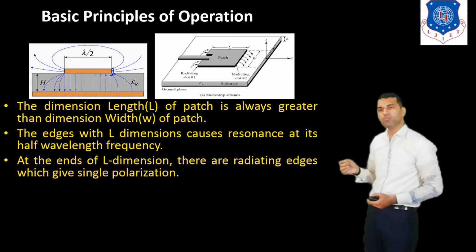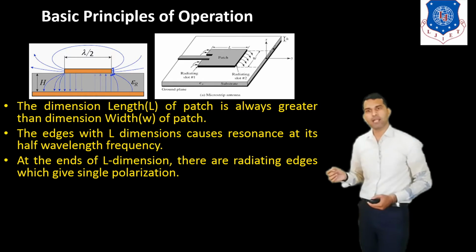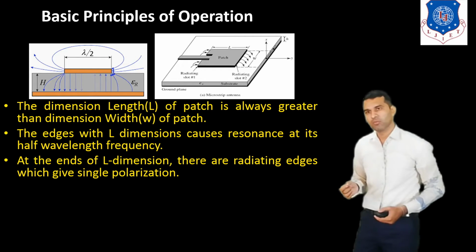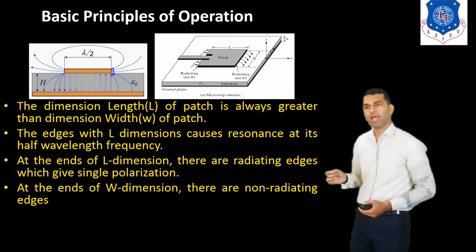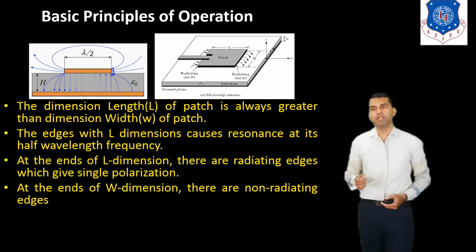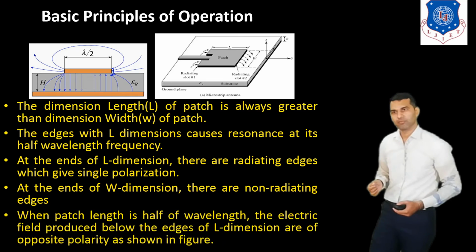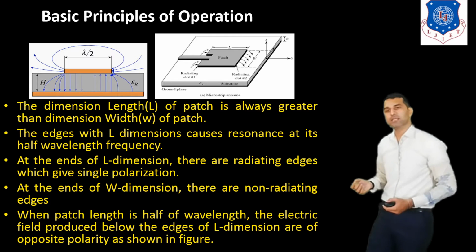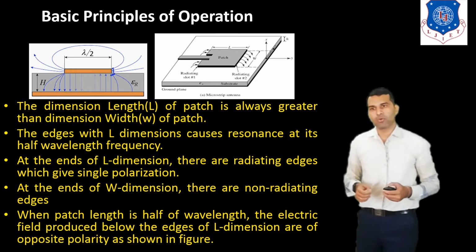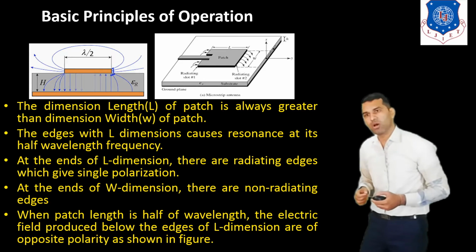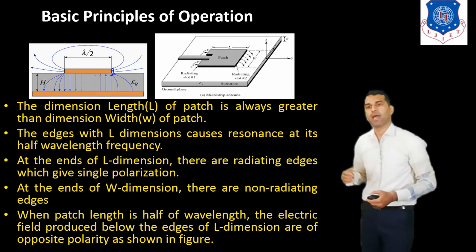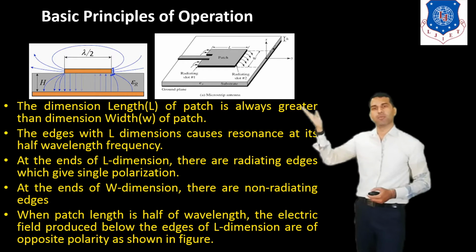At the ends of the L dimension, there are radiating edges which give single polarization. At the ends of the W dimension, there are non-radiating edges. When the patch length is half of the wavelength, the electric fields produced below the edges of the L dimension are of opposite polarity, as shown in the figure.